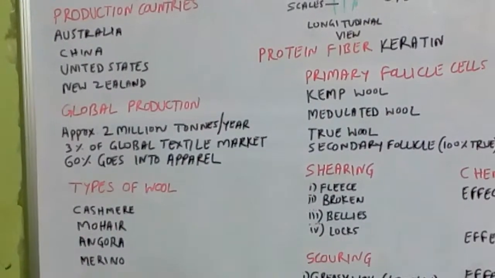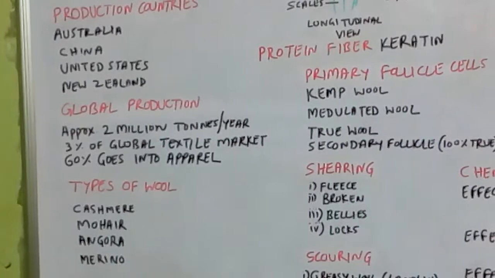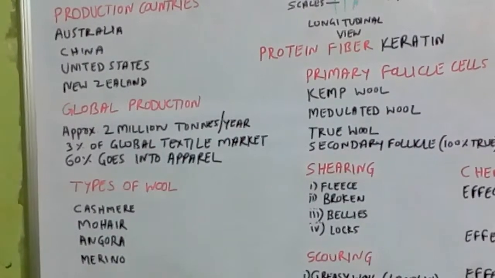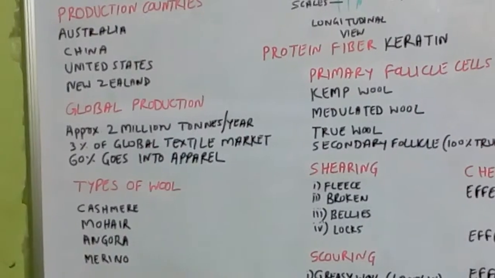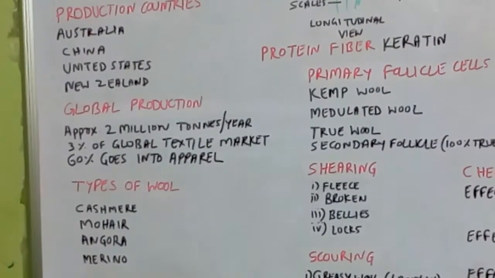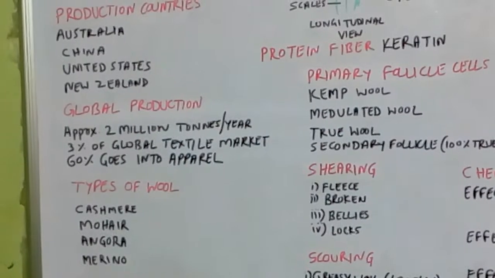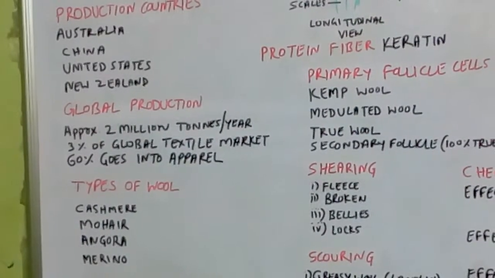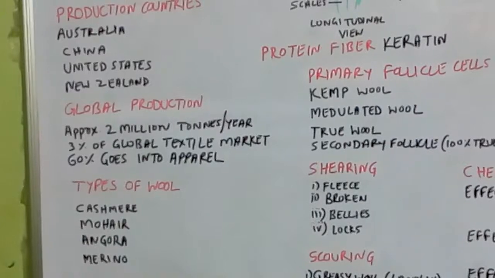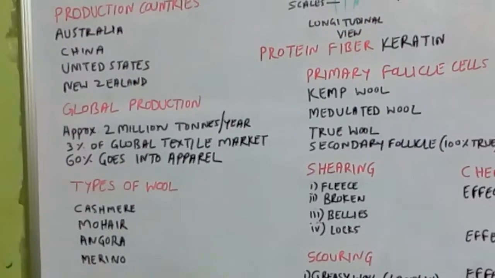Some sheep or goats that are farmed are also used for meat production. But that is in the theory and other subjects. Now we are talking only about wool production.